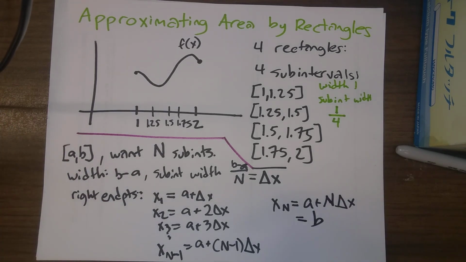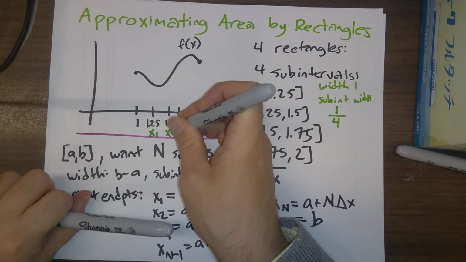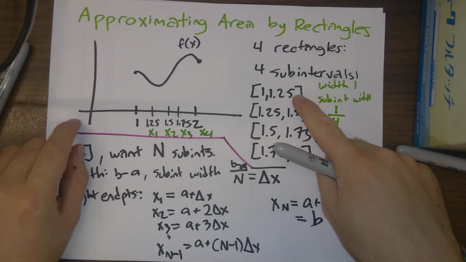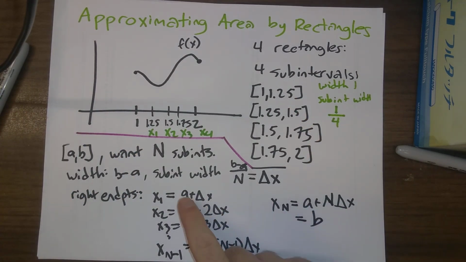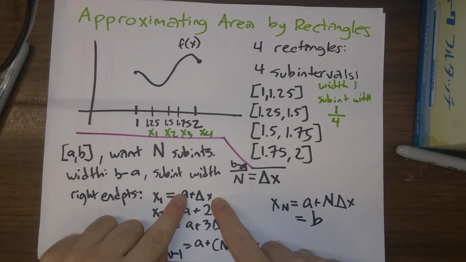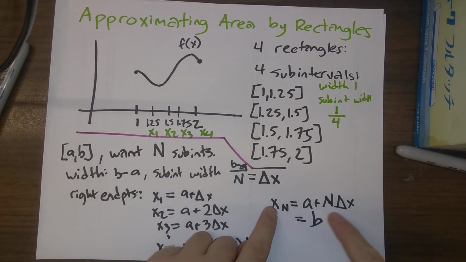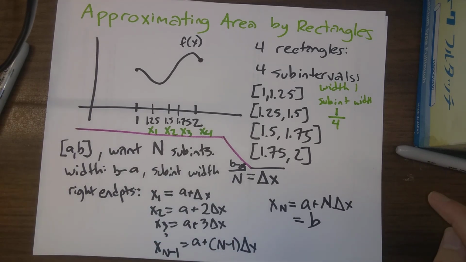In the case that we just worked out, x1, x2, x3, x4, the right endpoints 1.25, 1.5, 1.75, and 2 can be found by doing 1 plus a quarter, 1 plus 2 times a quarter, 1 plus 3 times a quarter. x4, our final one, is 1 plus 4 times 1/4, and that is just our right endpoint b.